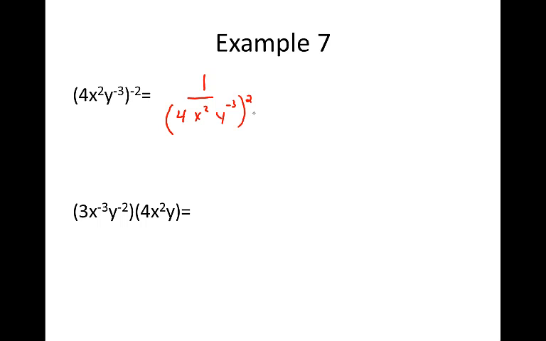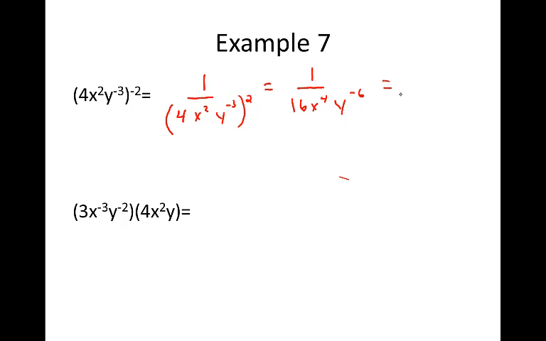Again, when we reciprocate the base, we change the sign of the number. You didn't have to do it this way. We could have applied the negative 2 to each of them, and maybe I can do that one as well. 1 over 4 squared is 16, and x squared squared is x to the 4th. That's going to be y to the negative 6th.